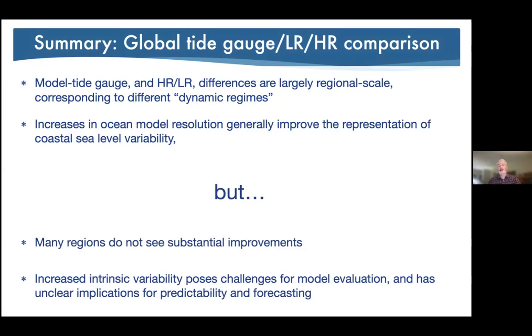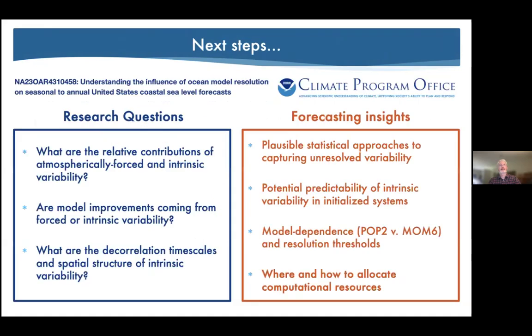So given those findings, and in particular the last one with the intrinsic variability, I've started working on a new project that spends a little bit more time trying to understand in more detail the relative roles of forced and intrinsic variability in coastal sea level, specifically around the US.